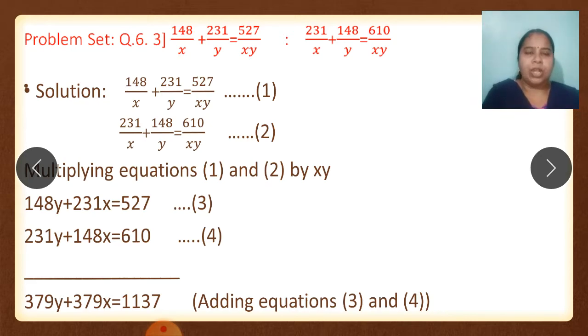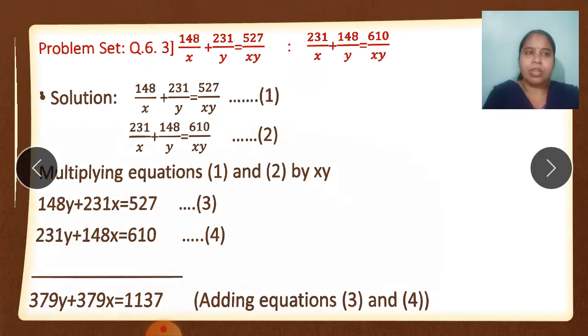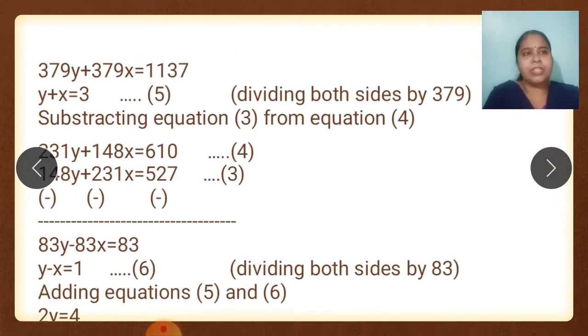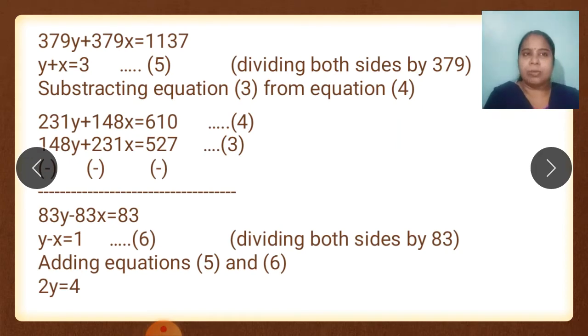Okay. So now let us add equation number 3 and 4. By adding this, what we will get? 379y plus 379x is equal to 1137. Okay. How do we get this? By adding equation 3 and 4. Now, such a big equation it is. First thing what we will do is, we will try to reduce it by dividing by a common factor.